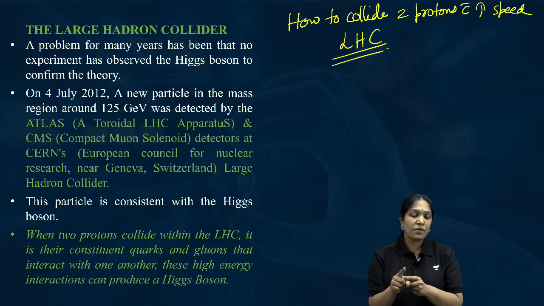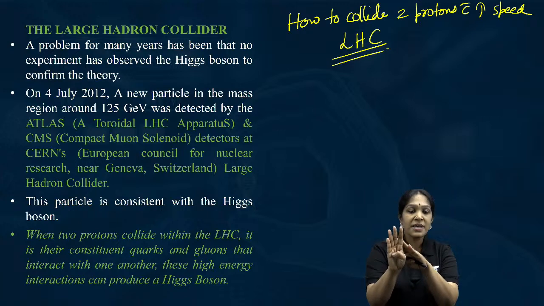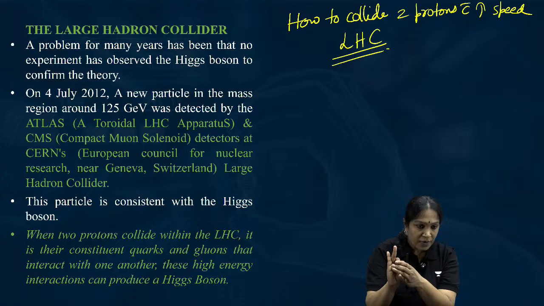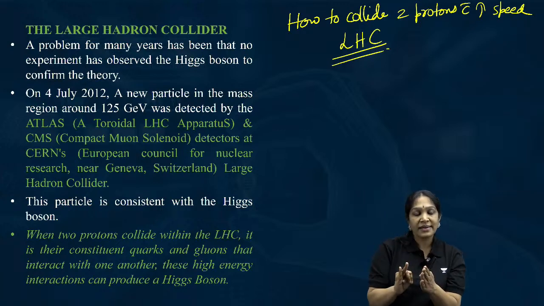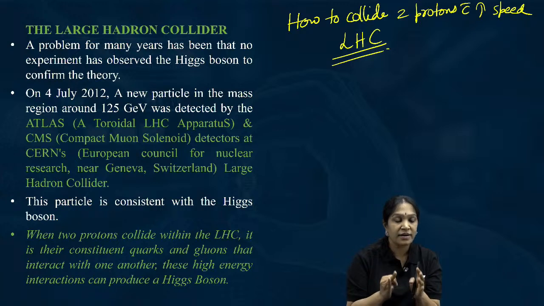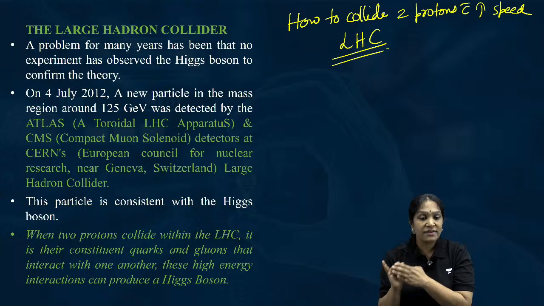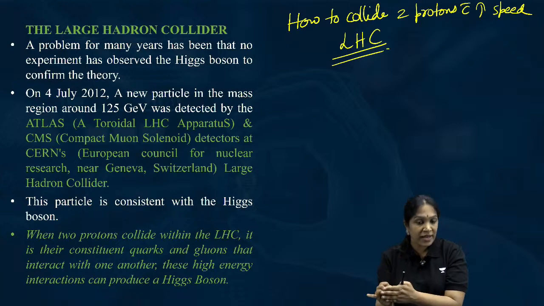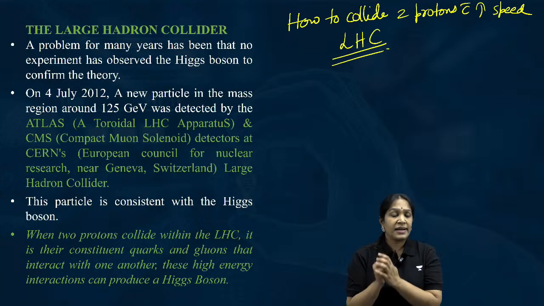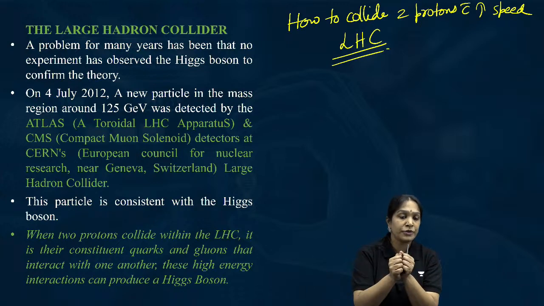I repeat, just as the universe originated, there was no Higgs field. Then the space cooled down. The Higgs field was created. The particle associated with the Higgs field is the Higgs boson. If the Higgs boson is detected, the Higgs field will be proven. How to detect the Higgs boson? By colliding two protons.